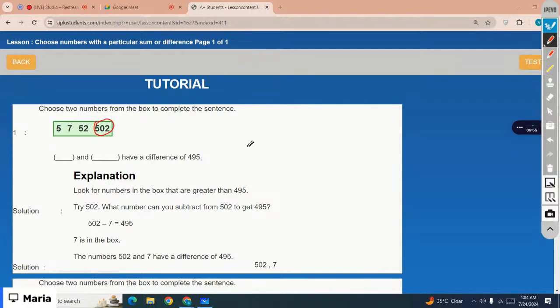Now you have to select what number is subtracted from 502 so that the answer is 495. If you subtract 52, that would be 450 something. That would be 7. 502 minus 7 is 495. So the correct option is 502 and 7, right?